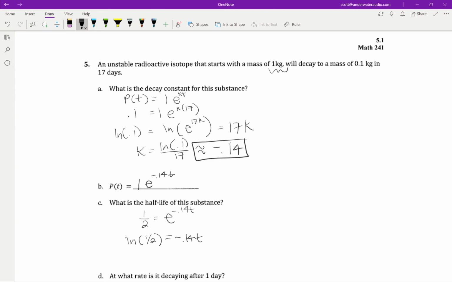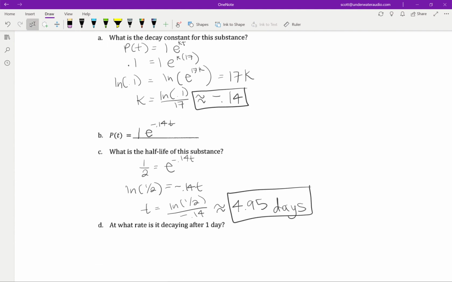Then I would divide by negative 0.14 and I get t equals natural log of a half divided by negative 0.14. Natural log of 1/2 divided by negative 0.14. So I get 4.95 years. Or actually, I think it's in days. Yep, days. Okay.